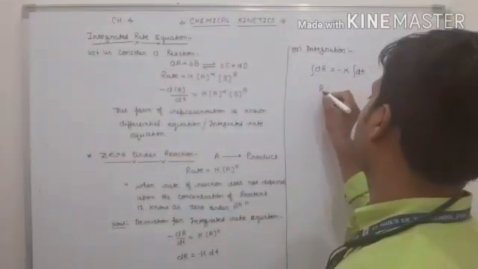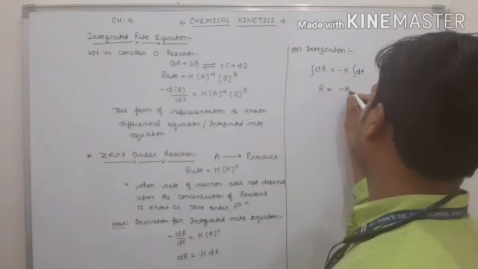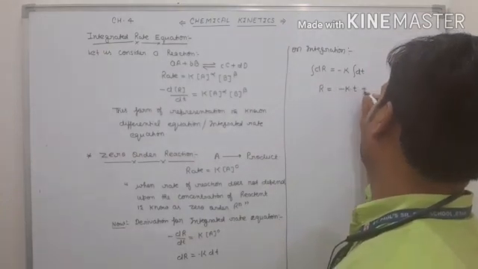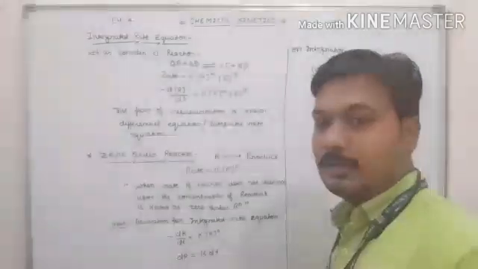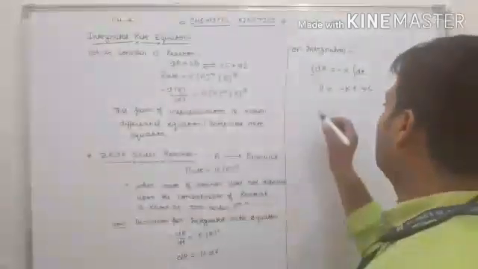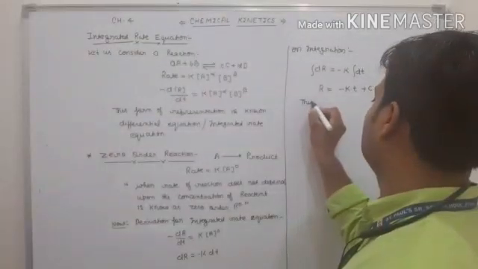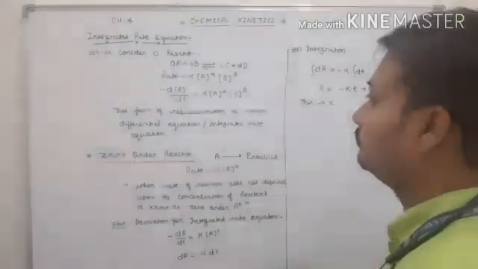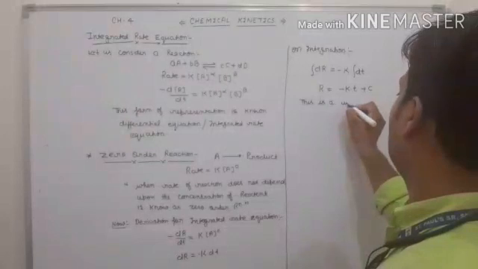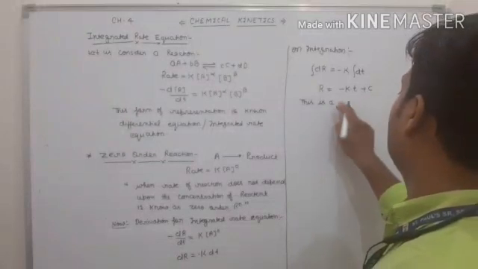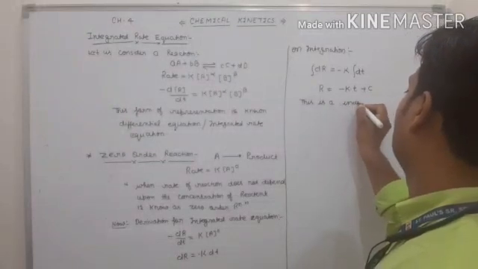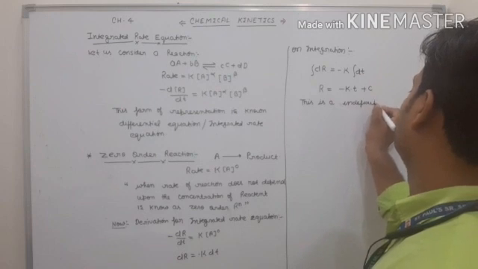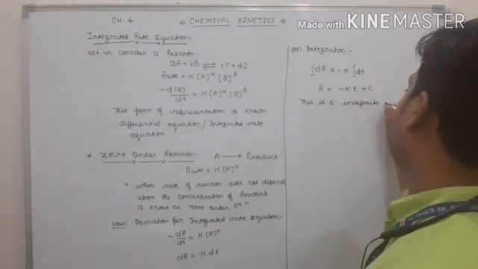We get that R is equal to minus K into T plus C. Why is this plus C used? You know very well, this is an indefinite or undefined integration.